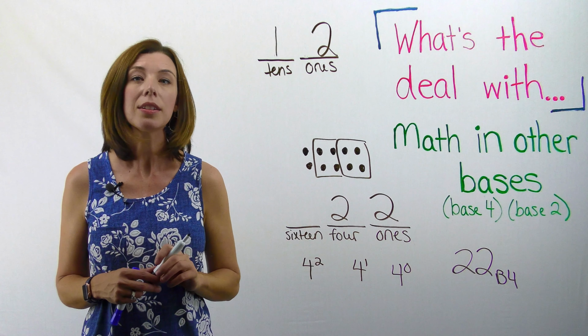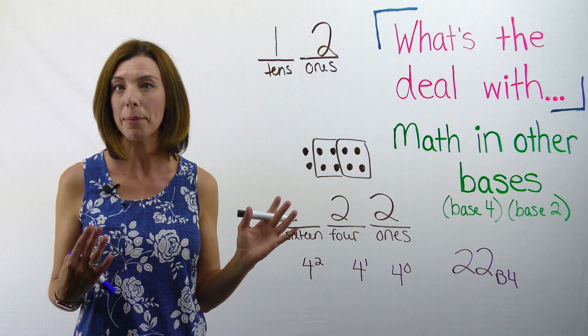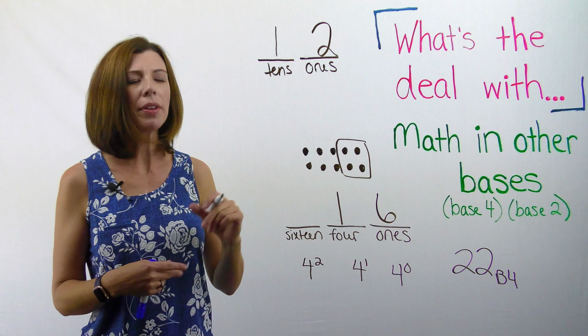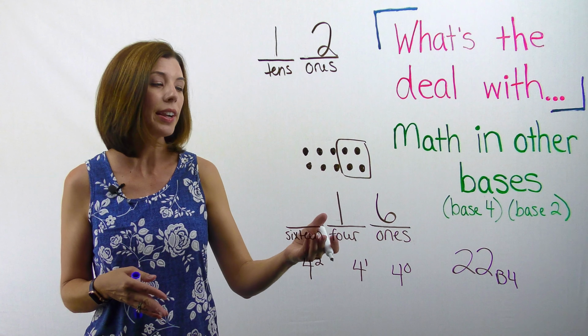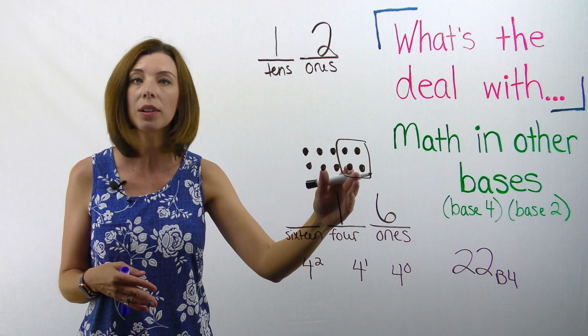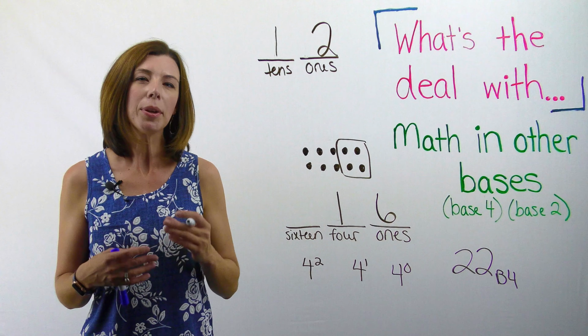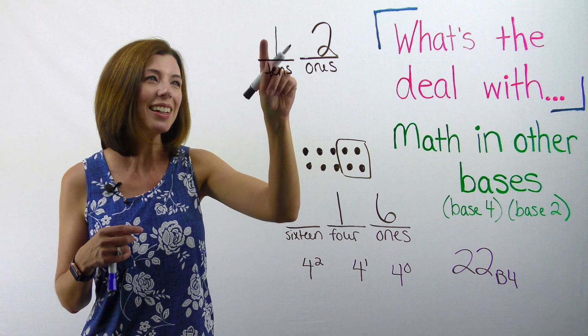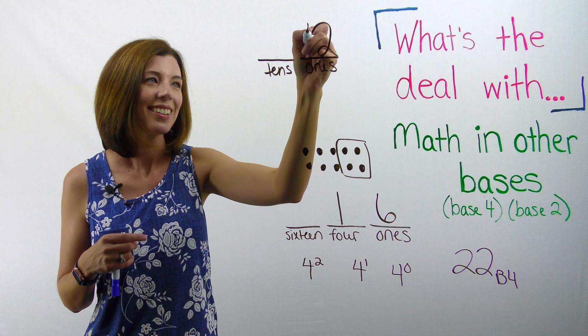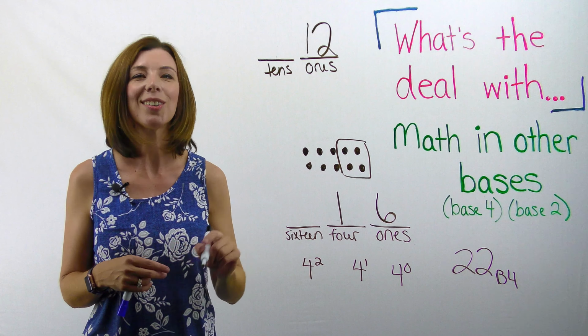Here's what I see sometimes on people's papers that they turn in. So I'll see something that looks like this, and they'll say that their answer for this number of dots, 10 dots, is 1, 6 base 4. But the problem is that's exactly like a kindergartner saying that that's how you write the number 12.